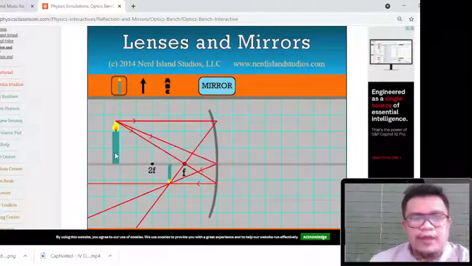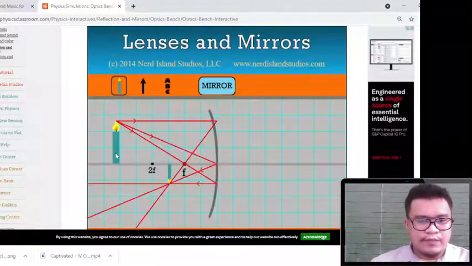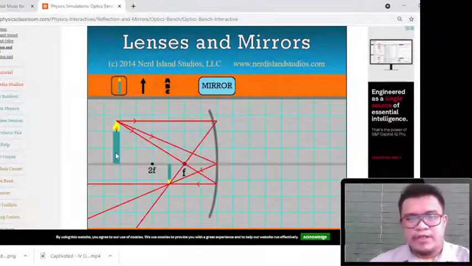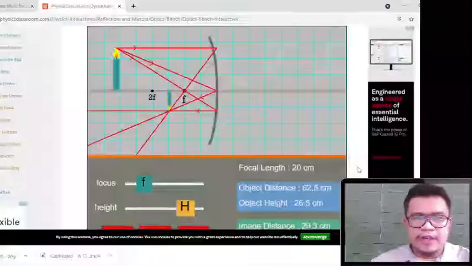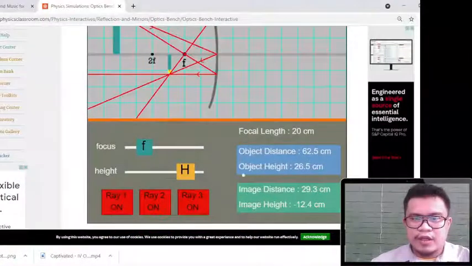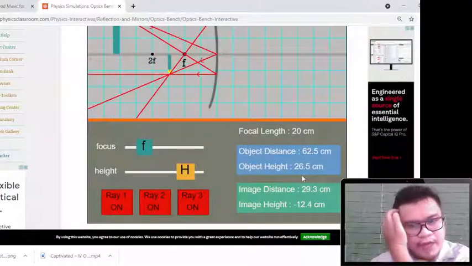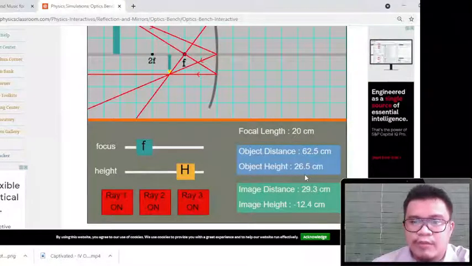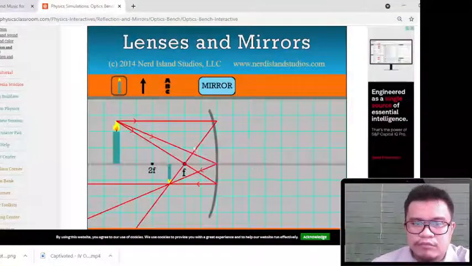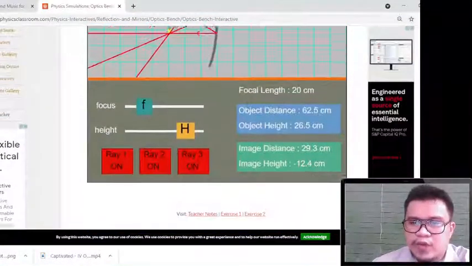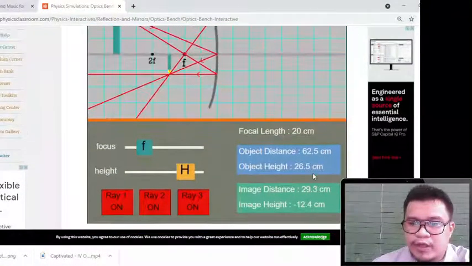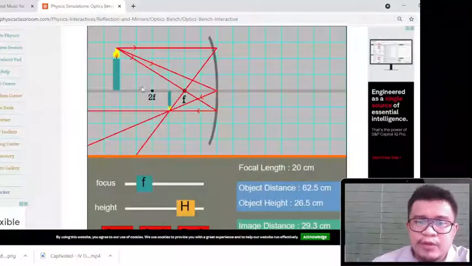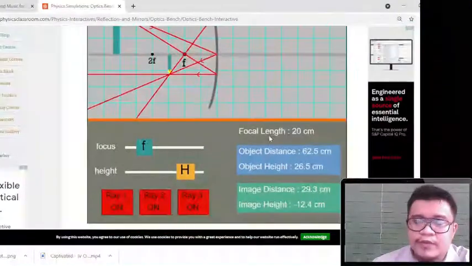Let's say if I place this here, you will see that the image is inverted. Now let's look at the size in terms of the height. The object height is set at 26.5 centimeters, and the image height is only negative 12.4 centimeters. So technically, the image here is smaller compared to the object in terms of height.